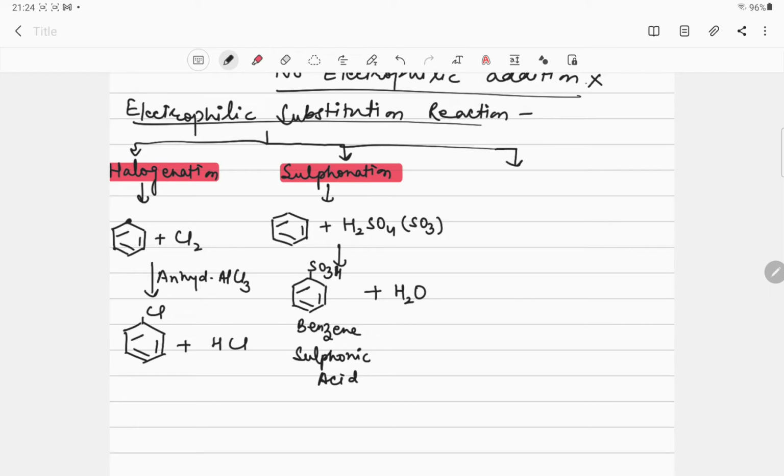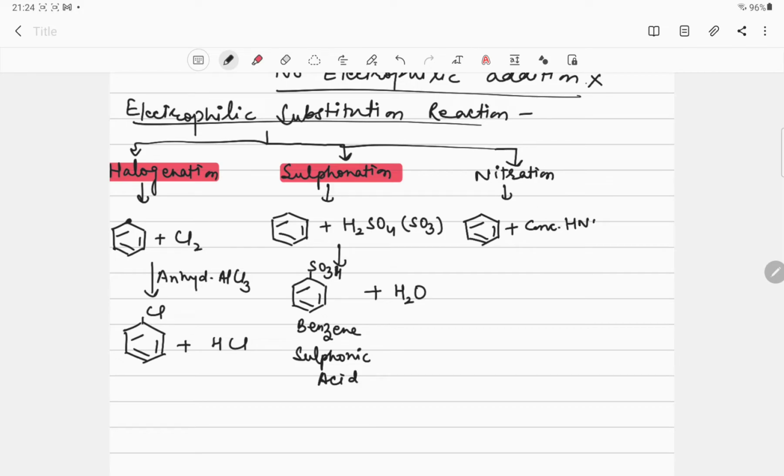We may have nitration also. Nitration means the substitution of hydrogen from the benzene ring by the nitro group. So we may have benzene, and nitration is always done with concentrated nitric acid, the mixture of the two, that is called nitrating mixture.